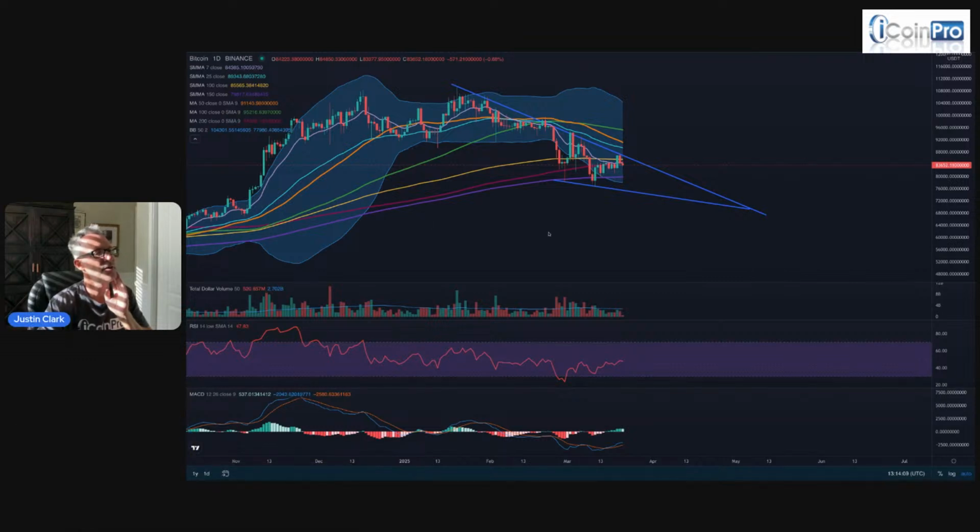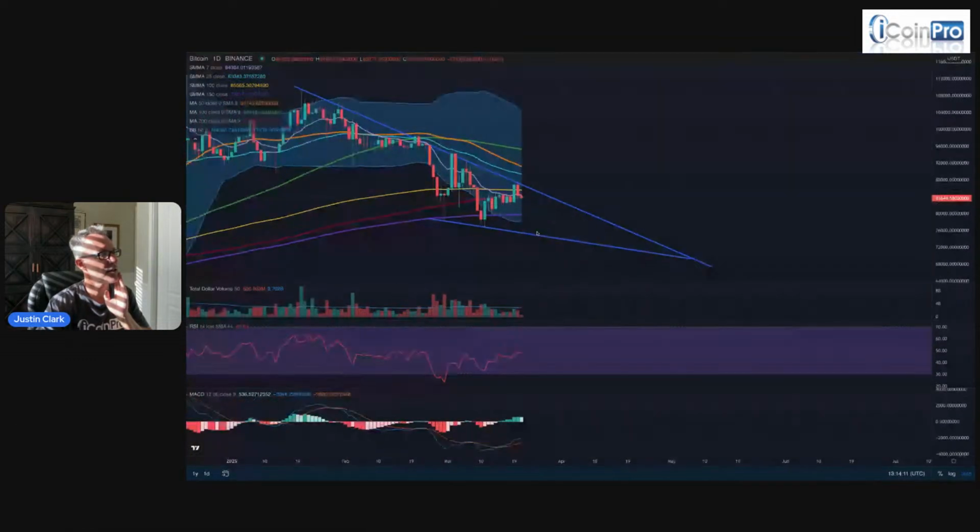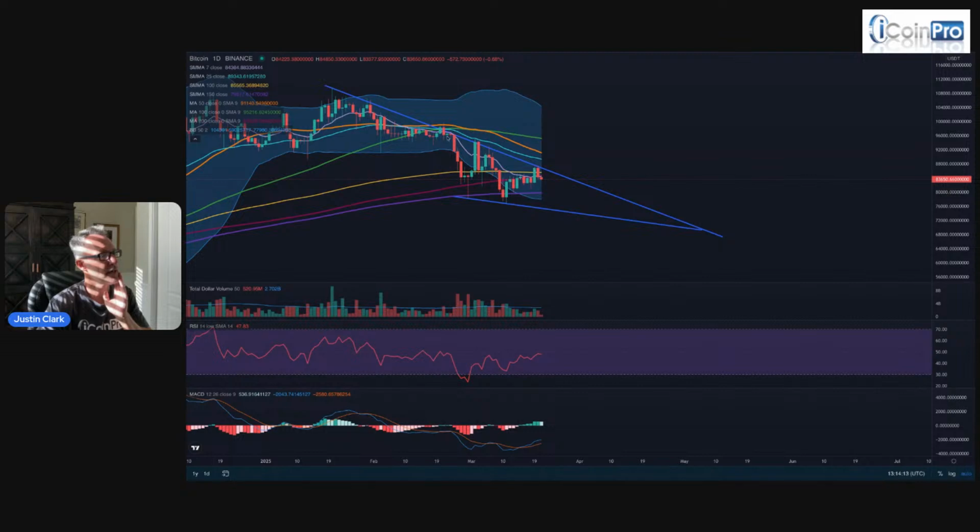All right, so it looks like we are potentially, we hit the top of this structure again, and now we're retracing downward. And this line here is kind of the boogeyman of crypto right now. We need to get over this trend line and with volume to potentially start moving higher. And this is another trend line.